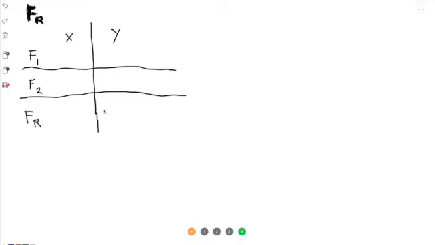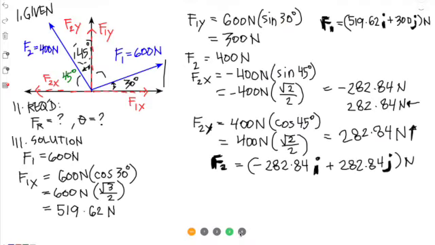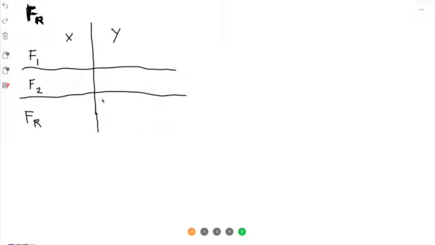Okay, so for F1, the x component is 519.62 and y component is 300. So for F1, that's 519.62 newtons. For the y, that's 300 newtons.